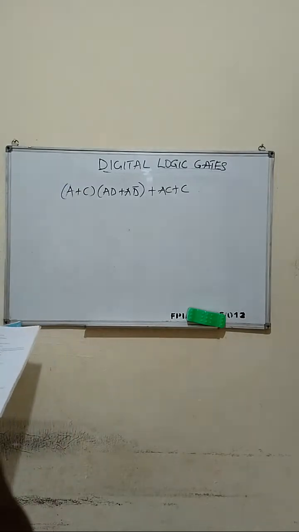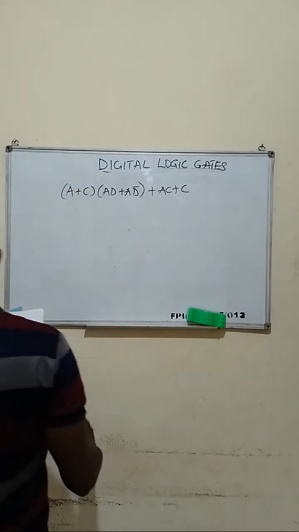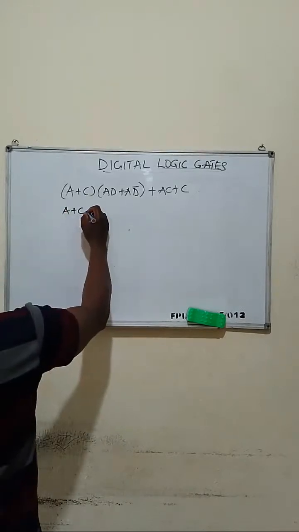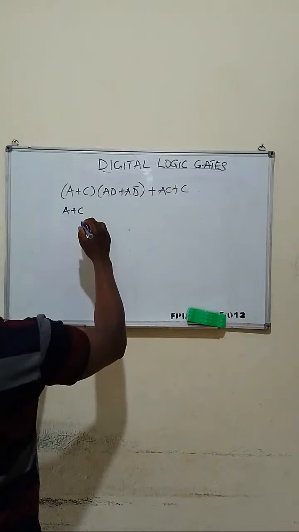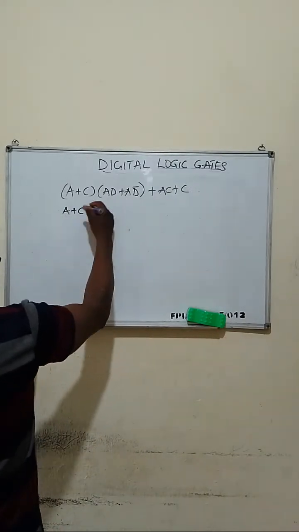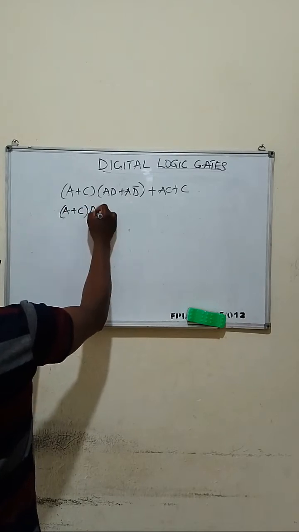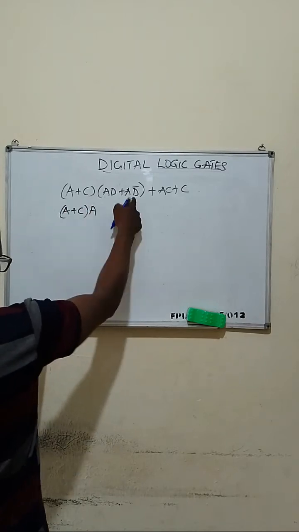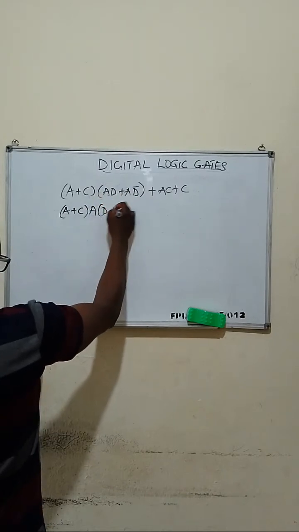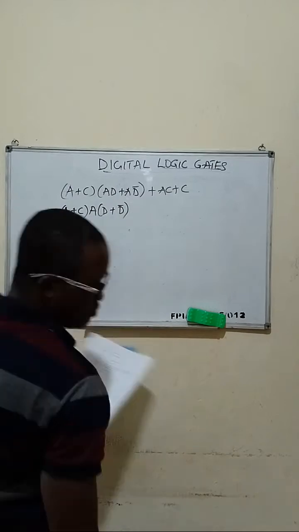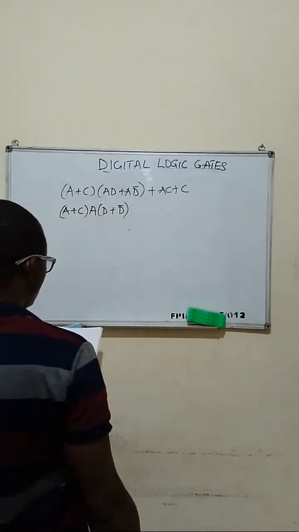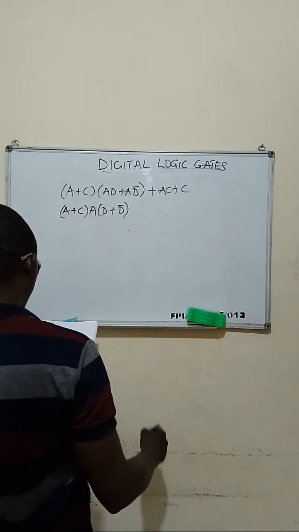To simplify this, from here we can bring out this A, like an arithmetic factorization. A is coming out of this bracket to leave D plus D bar. This is Boolean algebra, and that is the distributive law. We are trying to apply the distributive law here.